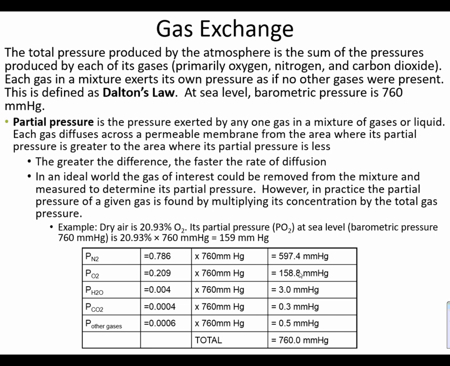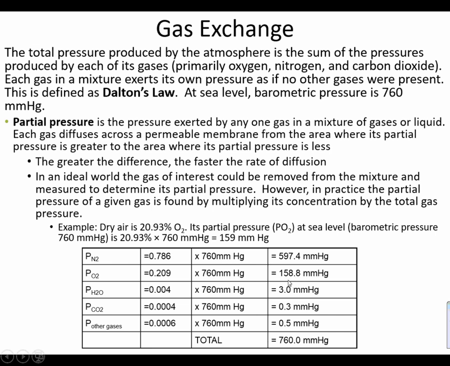Okay. There is still 20.9% oxygen in that air, just like it is here. This is not ever going to change. But this will. Because this changes. Guess what happens to barometric pressure when you go to high altitude? Does it go up or does it go down? It's going to go down.